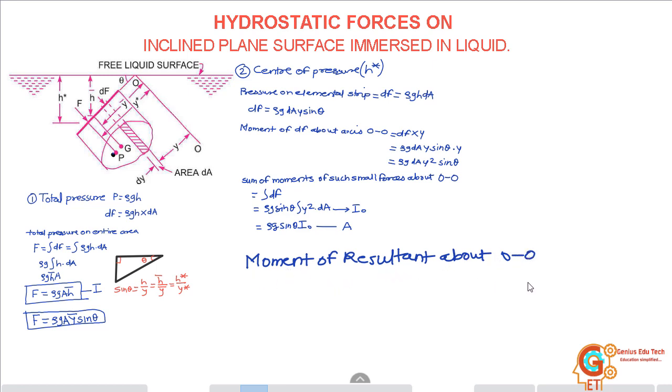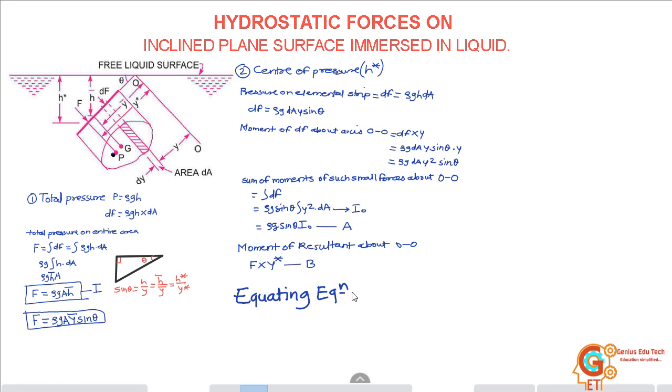Now moment of resultant about OO is given as F into y star. Let us make this as equation B. Equating equation A and B, we get F into y star is equal to rho g sine theta I0. But we know that F is equal to rho g A h bar.